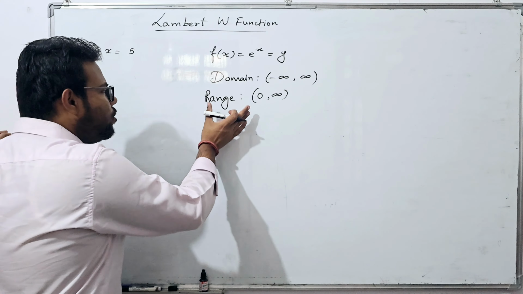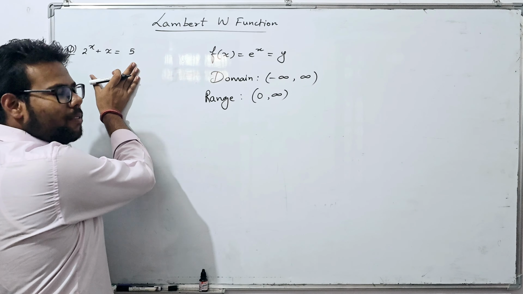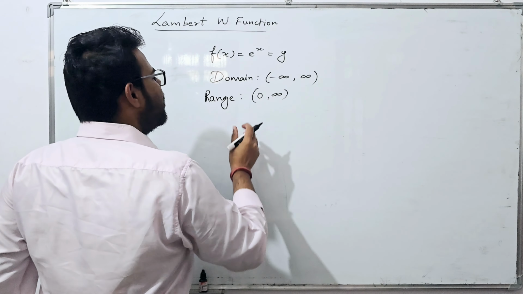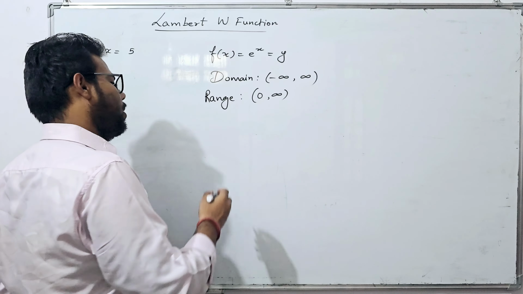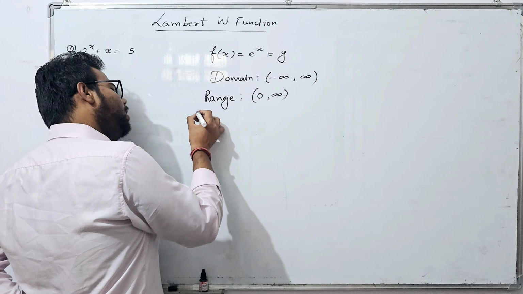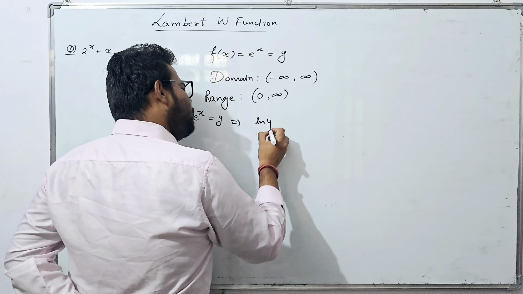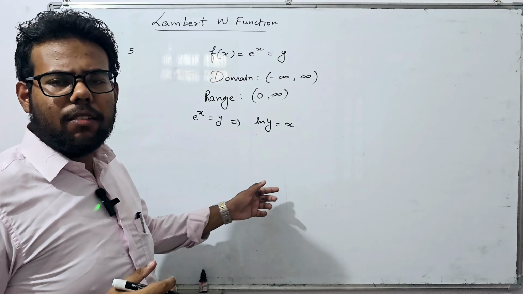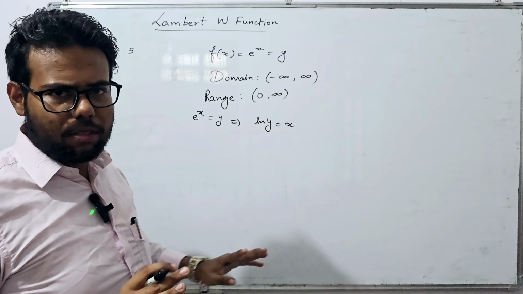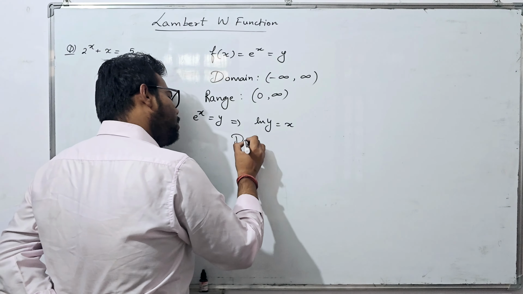So what is the point of discussing this? Suppose you have to find its inverse. How do you find it? If e raised to the power x is equal to y, then it implies that ln of y is equal to x, which means that ln y is the inverse of e raised to the power x. So what is its domain?